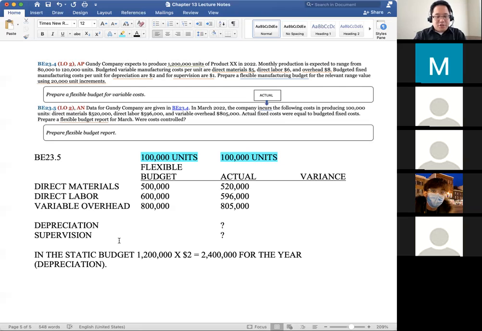If we're doing this only for March, March is only 1 month. 2.4 million is for the whole year. So in March, it is 2.4 million divided by 12, because we just want 1 month, just March. That's 200,000. How much is supervision expected to be for the month of March, if it's $1 per unit?